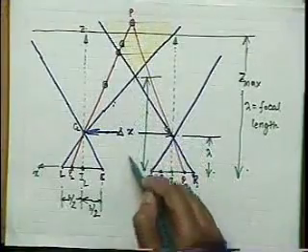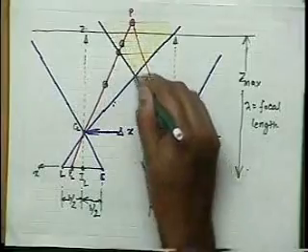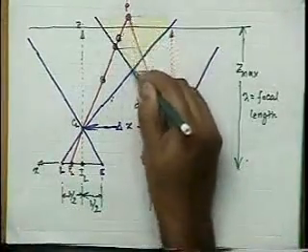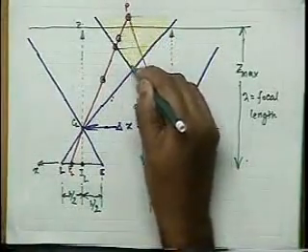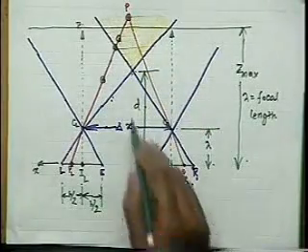I have assumed this distance to be a distance D, and if the Z coordinate of the point P is less than this D, then I cannot see this point P from both the cameras, and obviously I can't determine the depth.